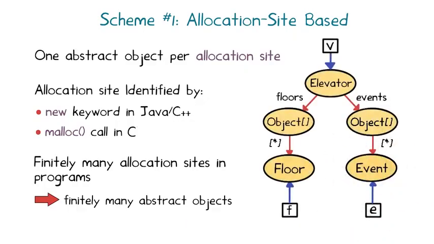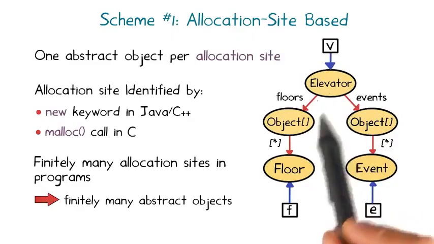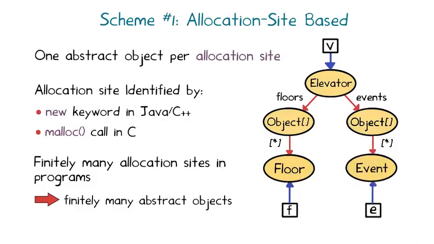Here is the points-to graph that was constructed using the allocation site-based scheme for our example elevator program. Notice that each of the 5 ovals corresponds to a separate allocation site in that program.